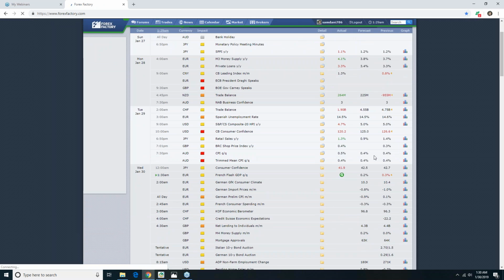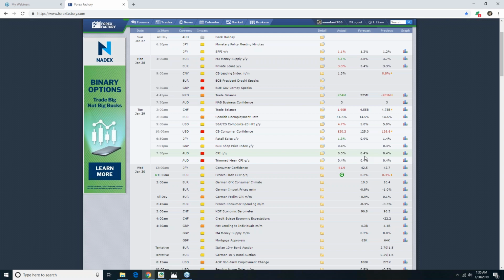It was not too big, not too bad. It's like 0.4, it came out 0.5, right? But it's a red news, it affects. And this one stays the same, right? Trimmed mean CPI is 0.4, expected 0.4, came out 0.4. This is just 0.1% more.